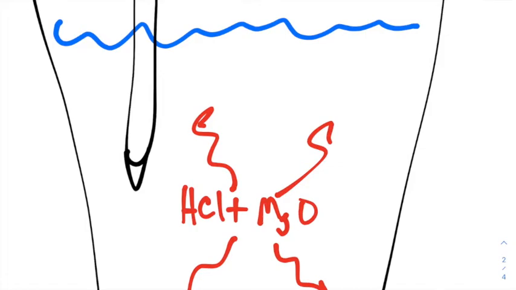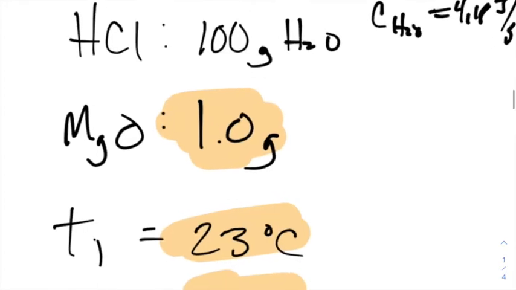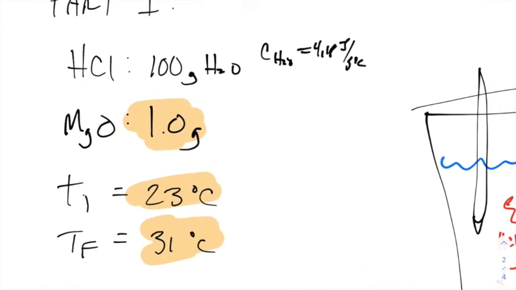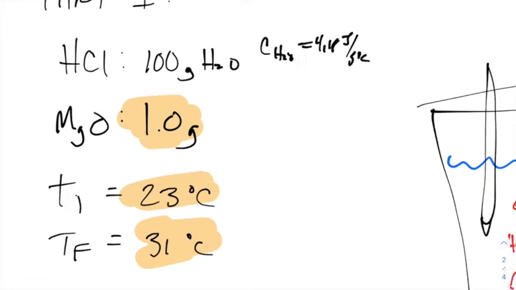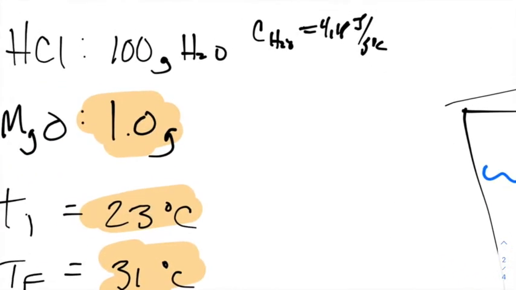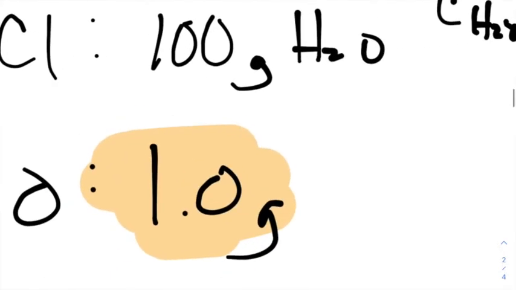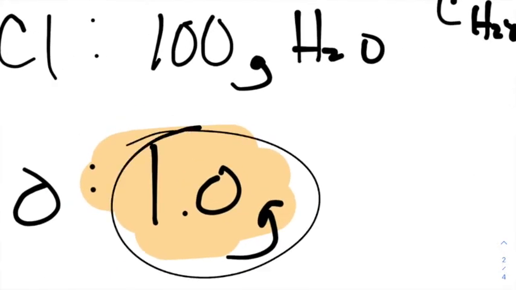We're going to assume that what we have is 100 grams of the water, right? However, having said that, what we've really got is 101 grams. Well, where'd the extra 1 come from? Don't forget that we added in 1 gram of magnesium oxide.